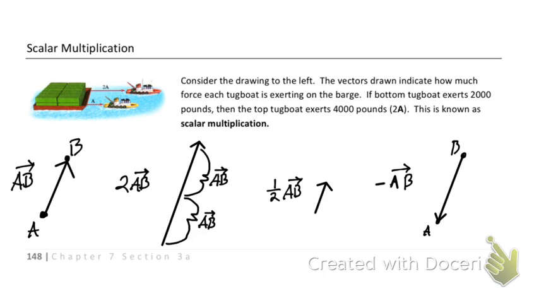With negative AB, I just want to point out something. If you look at negative AB, that's the exact same thing as saying BA. So vector negative AB is the same thing as vector BA.